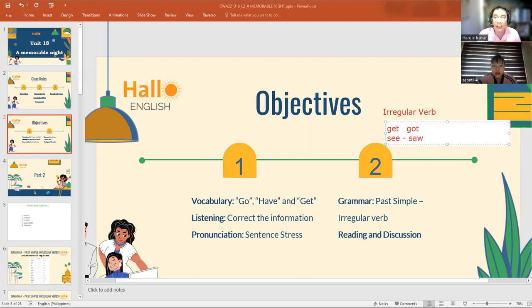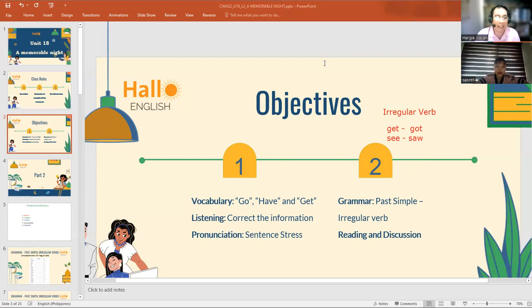What we did was change the spelling, because that is the rule in forming the simple past tense of irregular verbs. That is unlike regular verbs, where we just add D or ED to form the simple past. In this case, irregular, we need to change the spelling. So get becomes got, see becomes saw, and many others.